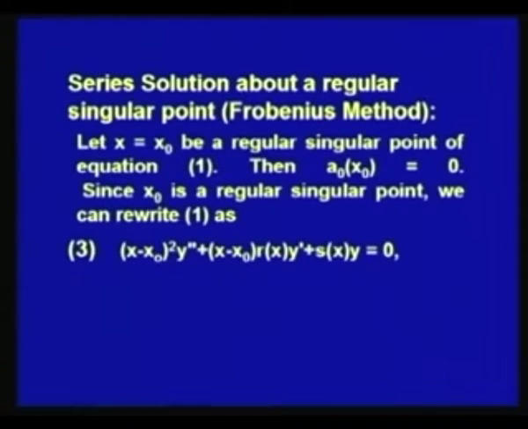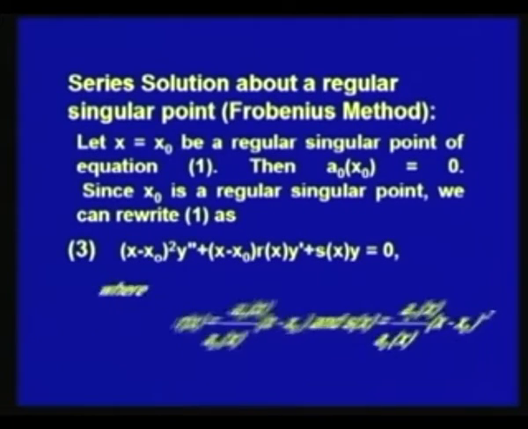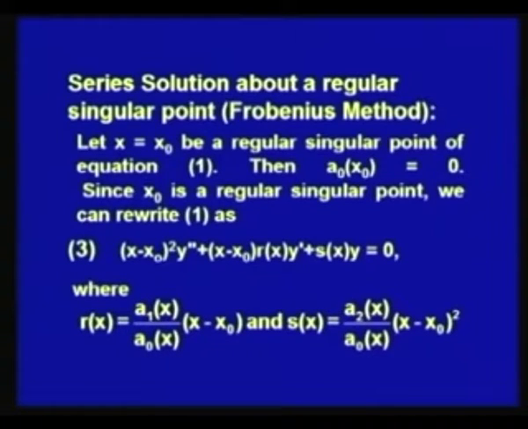Let us now discuss series solution about a regular singular point. This method is called as Frobenius method. So let x equal to x naught be a regular singular point of the differential equation 1, then by definition of a singular point a naught of x naught is equal to 0.